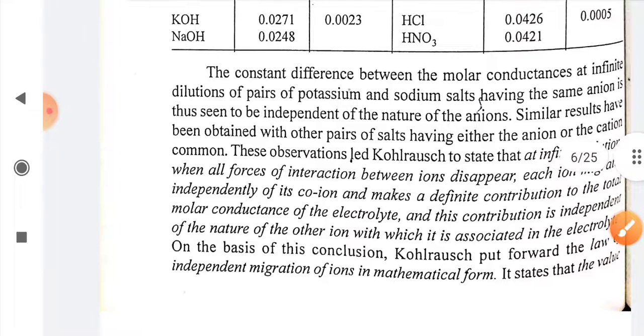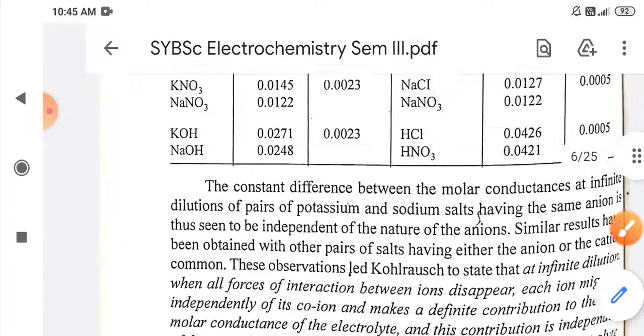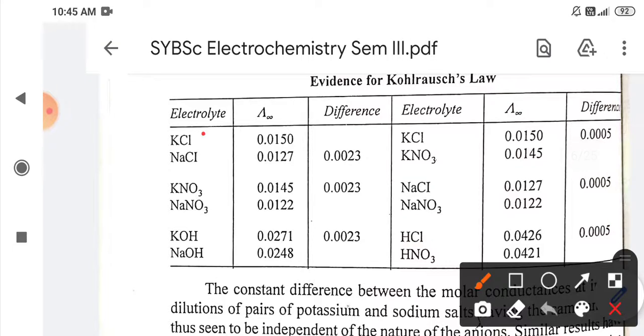The constant difference between the molar conductance at infinite dilution of the pair of sodium and potassium salts having the same anion is seen to be independent of the nature of the anion used. Here first chloride is used, here nitrate ion, here hydroxide ion. So even if we change the anion, the difference tends to be constant.